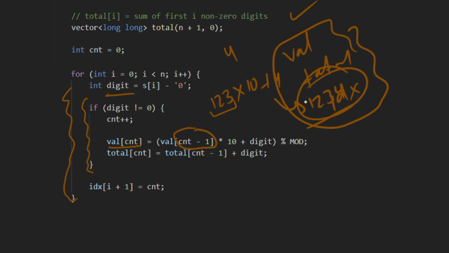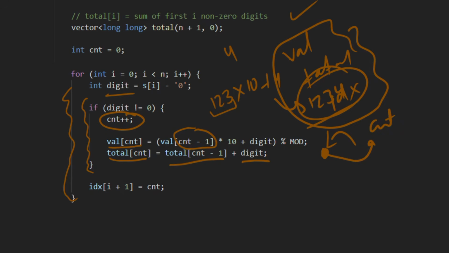So we store 1 2 3 4. And similarly total will store the total sum. So whatever sum we have stored up to the previous non-zero digit, we add this digit to that sum and store that sum at current count, right?